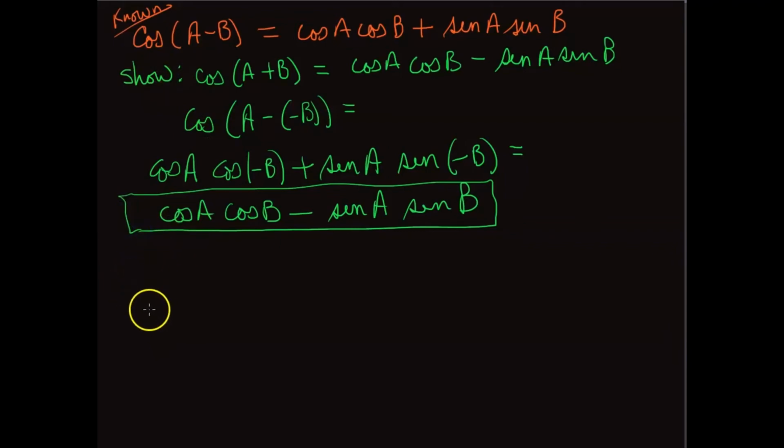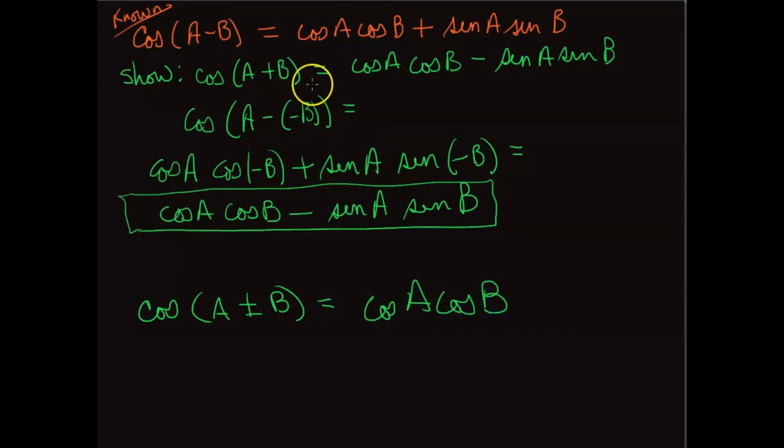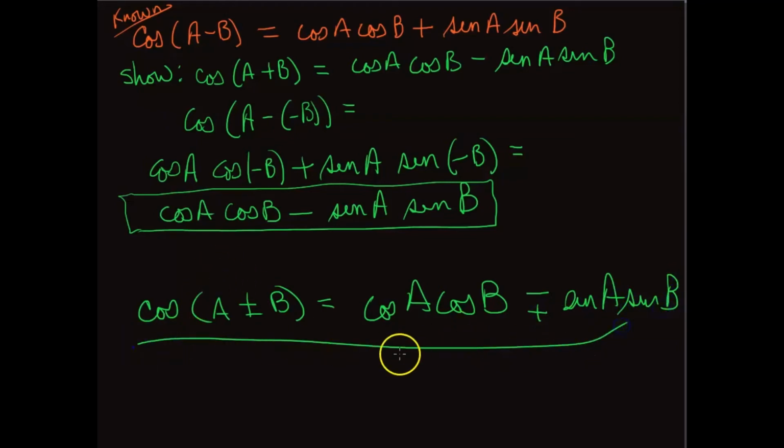And now we can say cosine of a plus or minus b is the cosine of a, cosine of b. Now, if it's plus, we use minus, and if it's minus, we use plus. So it's minus plus sine a, sine b. Those we can now use no matter what.